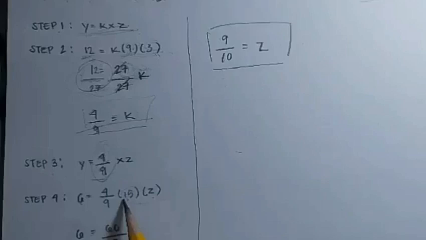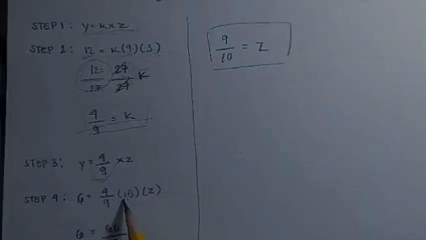That's how you get 54. And now bring this down and do the same as you did here. You divide both sides to isolate z. Now you cancel both of these and simplify this to get z. That's all.